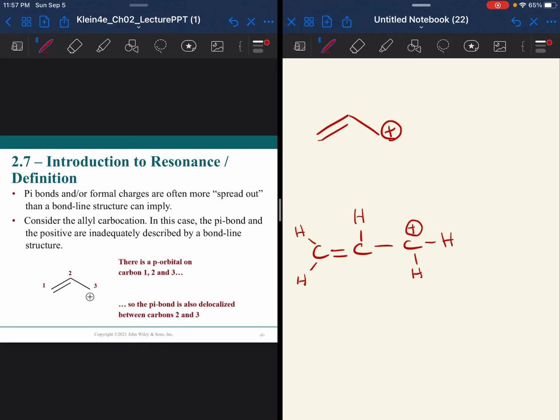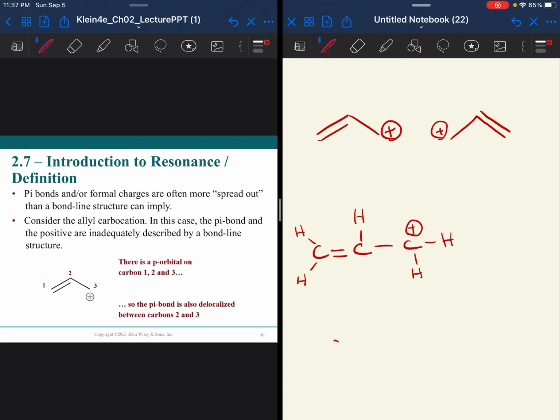Now, in this scenario, this is a valid Lewis structure, but there is another valid Lewis structure that could be drawn that shifts only the double bond and the charge. Now, why do I say this is a limitation in the Lewis structure?